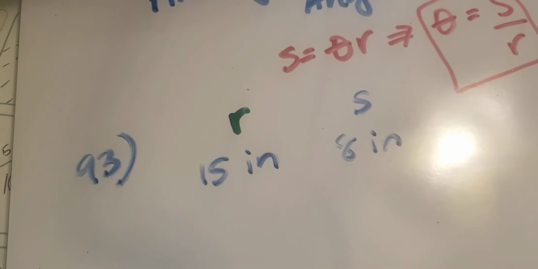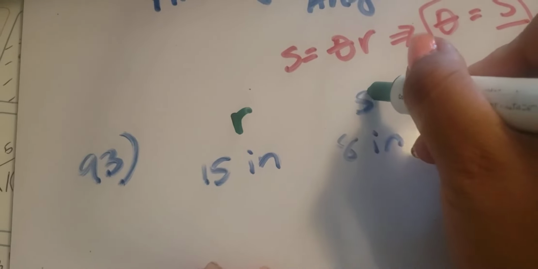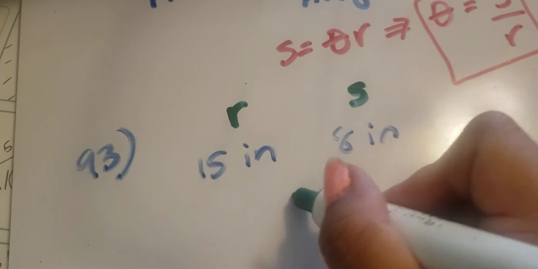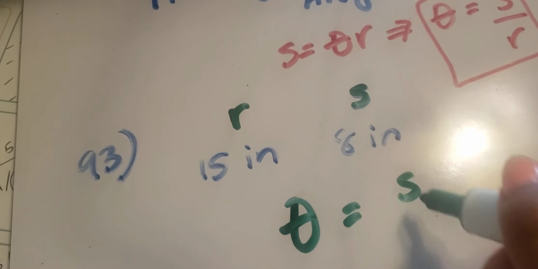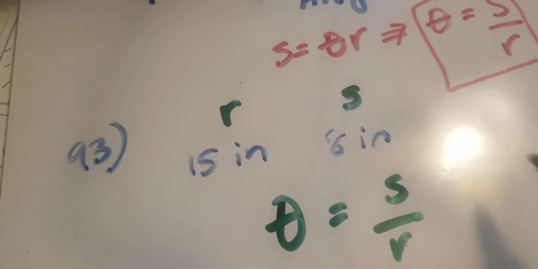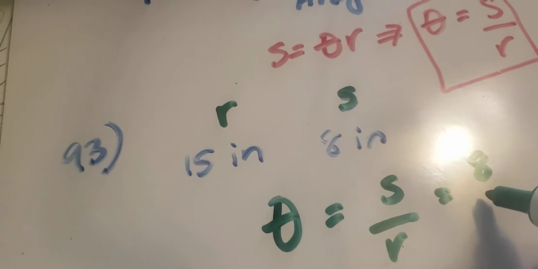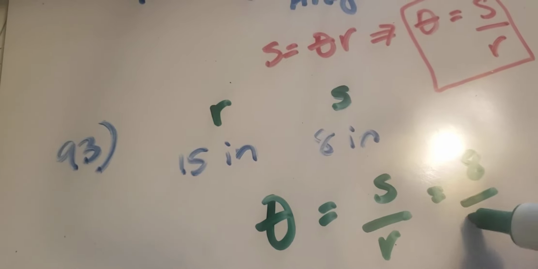So guys, honestly, you're given everything that you need. Let me plug it in the formula. We said theta is s over r. Remember, s is arc length and r is radius. So all I basically have to do is set it up as 8 over 15.